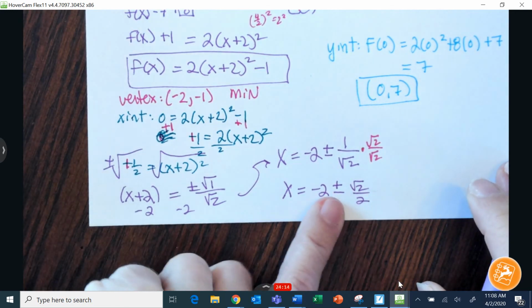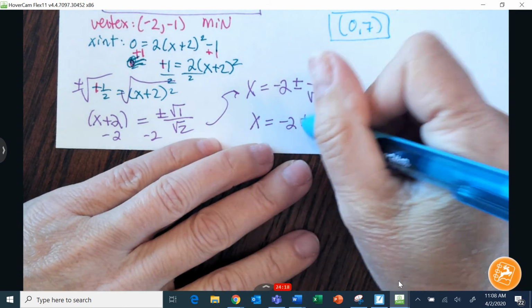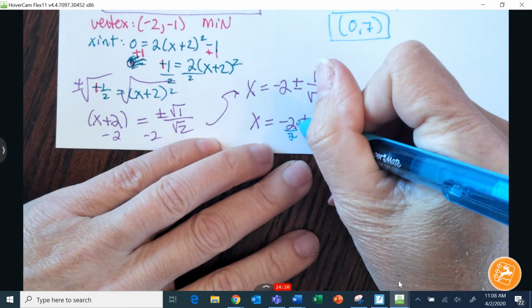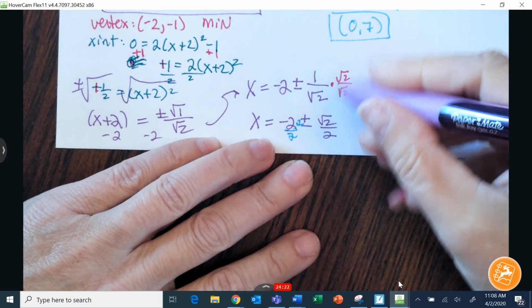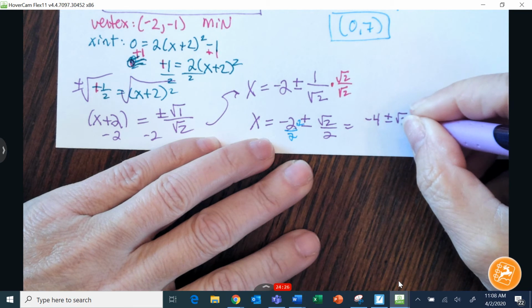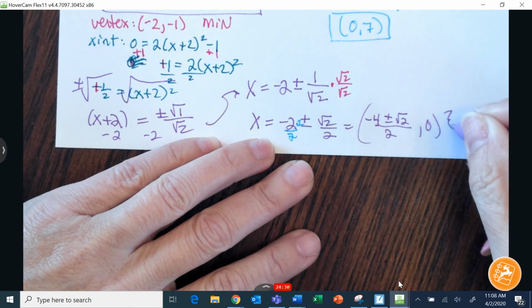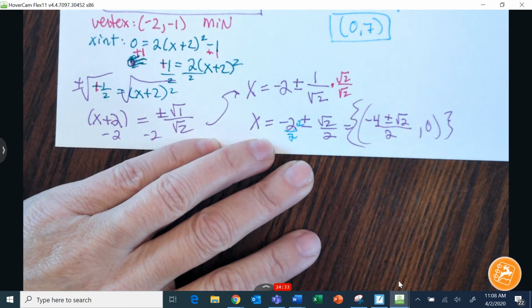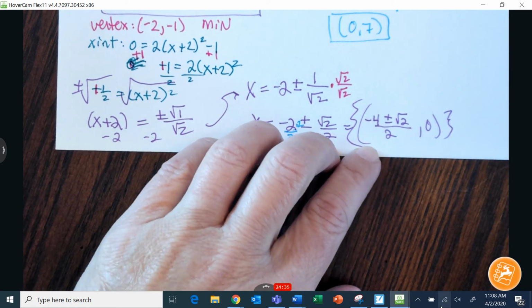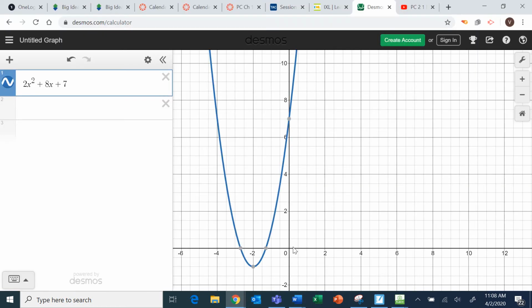So you can either write your x-intercepts in this form, or we could find a common denominator and write them as -4 plus or minus radical 2 all over 2, comma 0 for our x-intercepts. And you saw on my Desmos that it was an irrational, it was not a nice number.